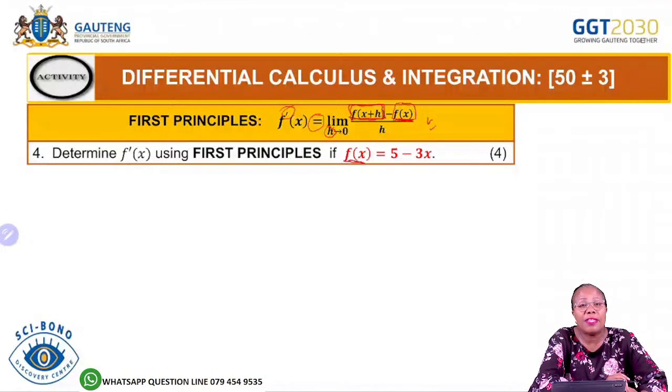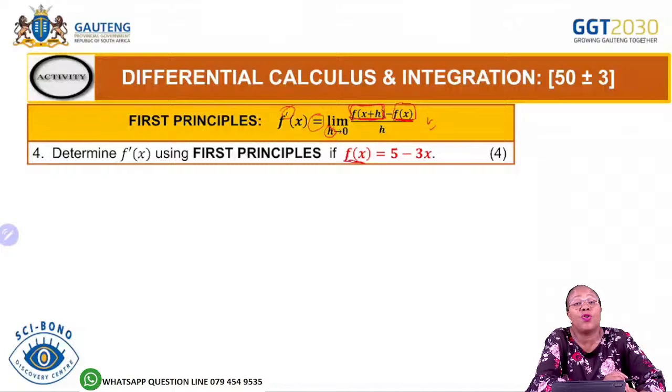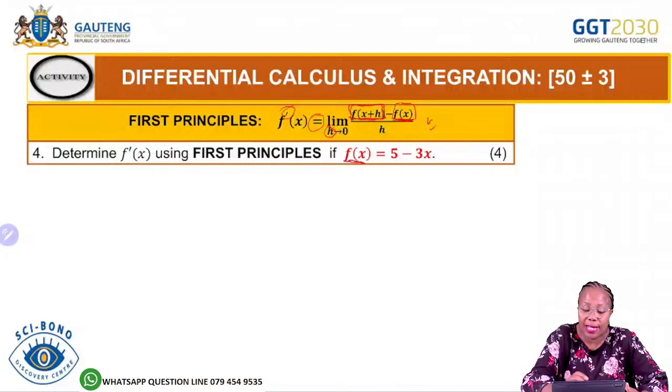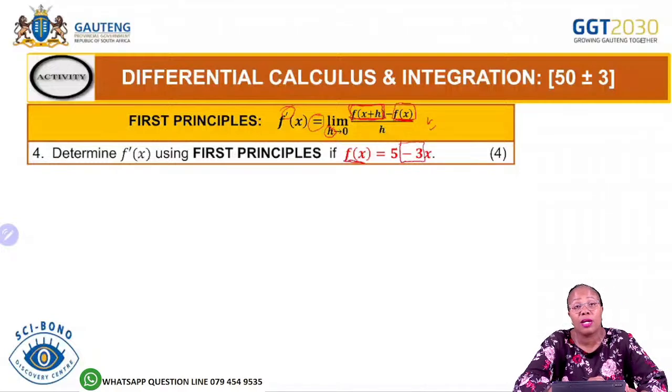But good enough with the first principle, the answer is already there for you, grade 12, because you only do the linear one. So the answer will be the coefficient of x. That means after using the first principle, we are expecting our answer to be a minus 3 here. The coefficient of x is minus 3. So we are expecting our answer to be a minus 3.